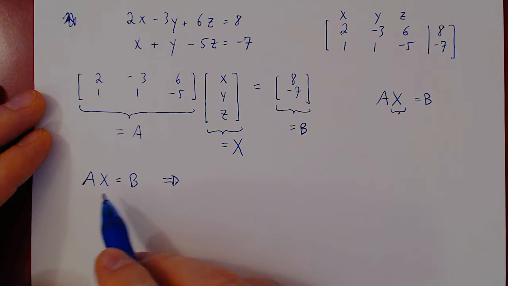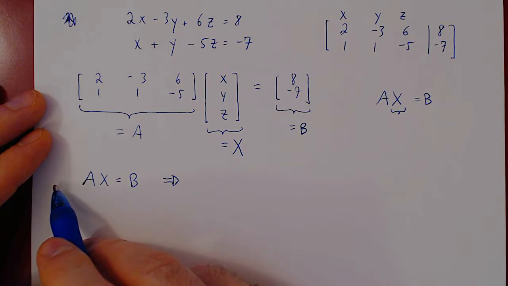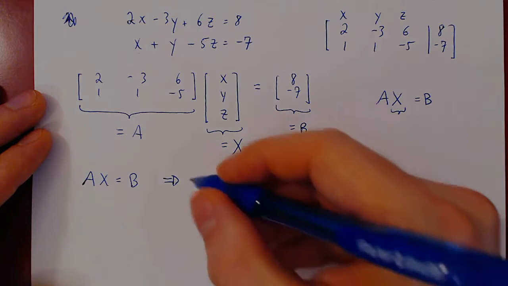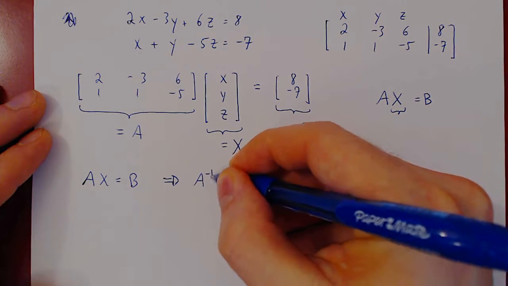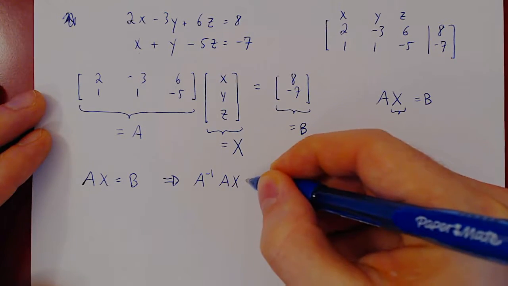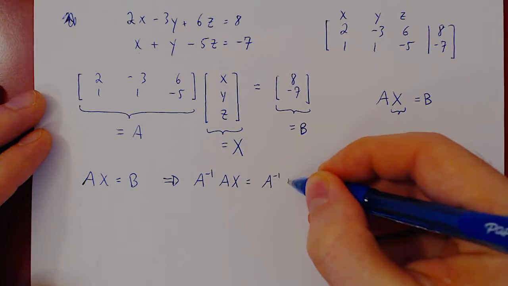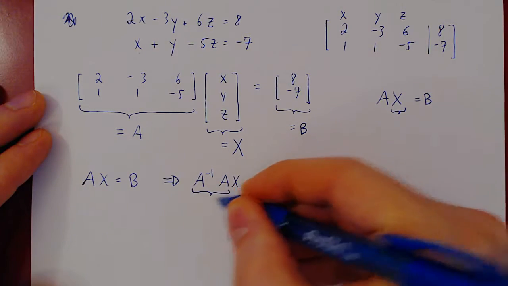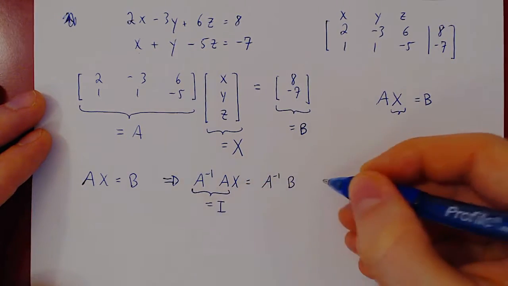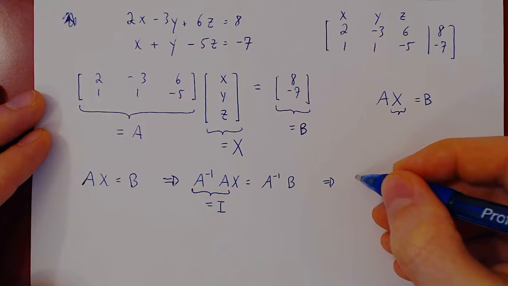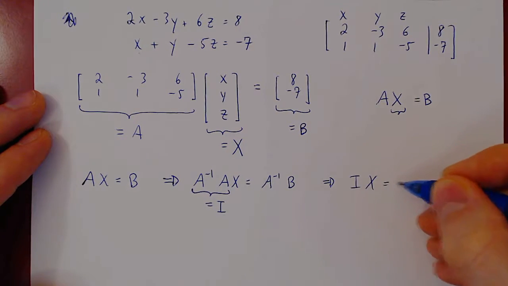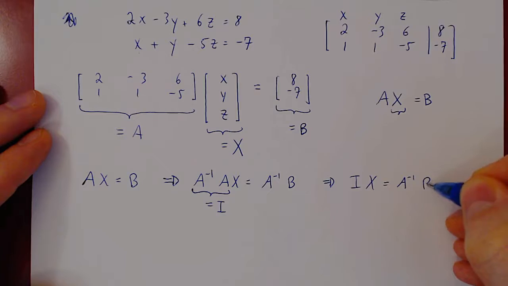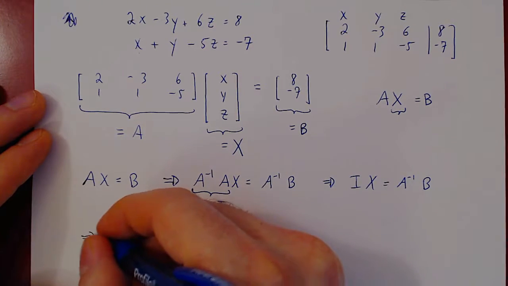So as AX equals B, we can multiply both sides on the left by A inverse, and we'll get A inverse times AX equals A inverse times B. But A inverse times A is just I, and so we are left with I times X equals A inverse times B, but I times X is simply X.